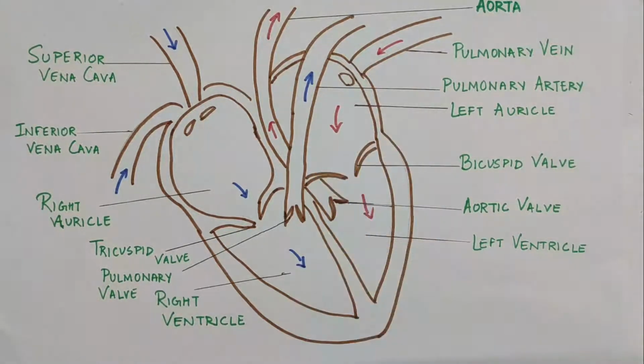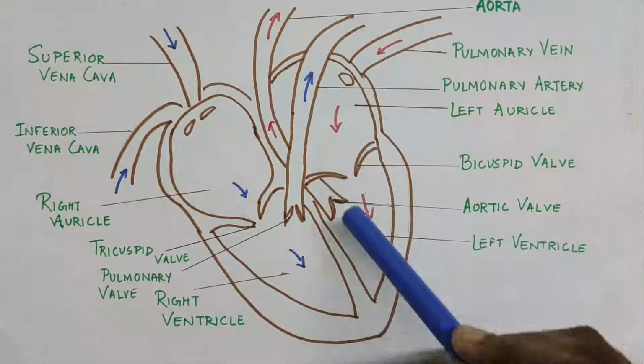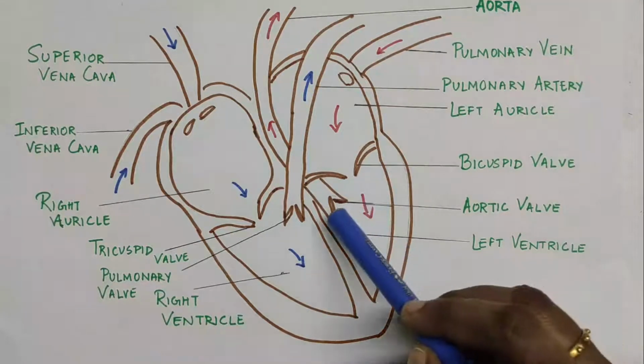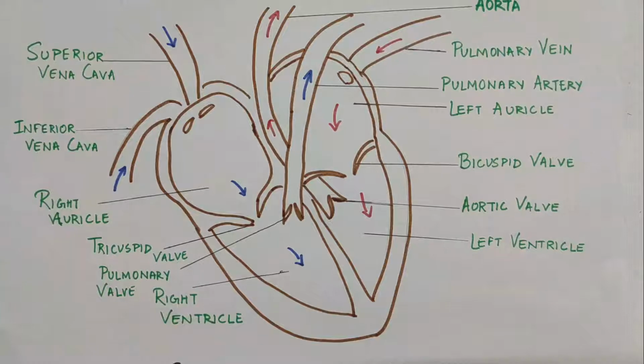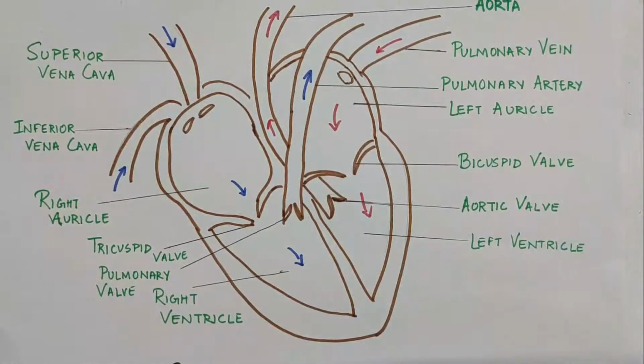After reaching the left auricle, the blood is being pushed into the left ventricle, and from here it is pumped through the aorta, which is the largest artery in the body, also called the systemic aorta. This aorta will divide into many parts, which is not shown in the diagram here, and it will reach all the body parts, body tissues.